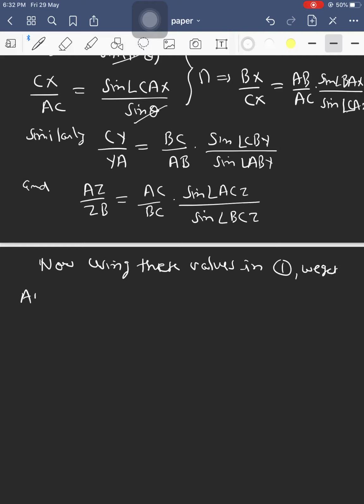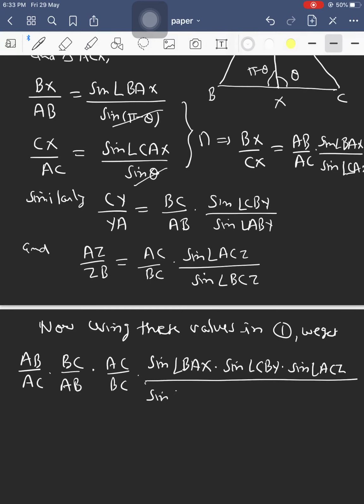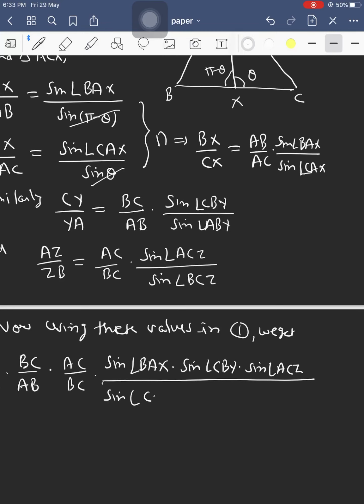We get AB by AC into BC by AB into AC by BC into sine angle BAX into sine angle CBY into sine angle ACZ upon sine angle CAX into sine angle ABY into sine angle BCZ equals 1.